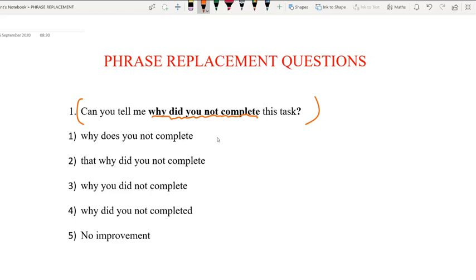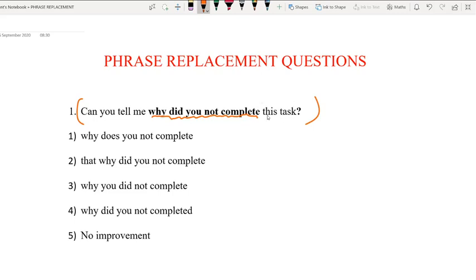A piece of advice for all students who are preparing for competitive exams, that whenever you come across sentence improvement or phrase replacement questions, I think we have done a few questions like this before, right?